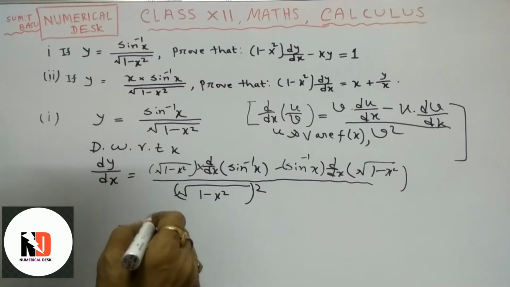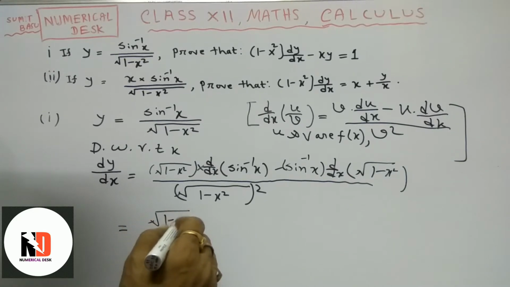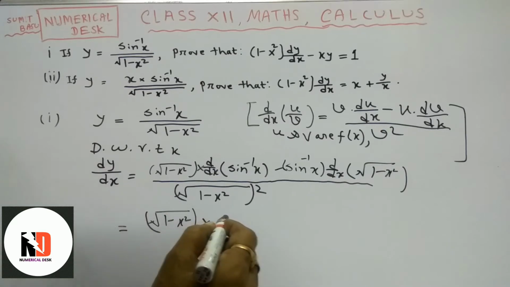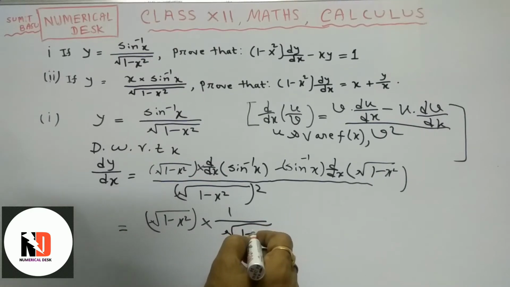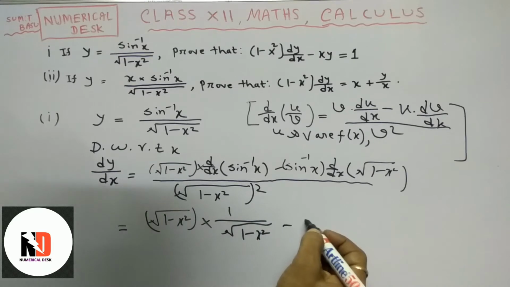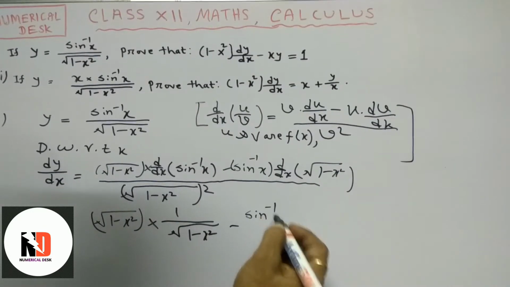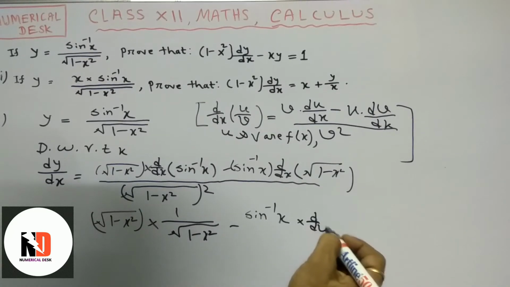Now see, this sum, root over 1 minus x square into ddx of sin inverse x. ddx of sin inverse x is equal to 1 by root over 1 minus x square. Now minus sin inverse x, and it is this part which actually uses the chain rule.